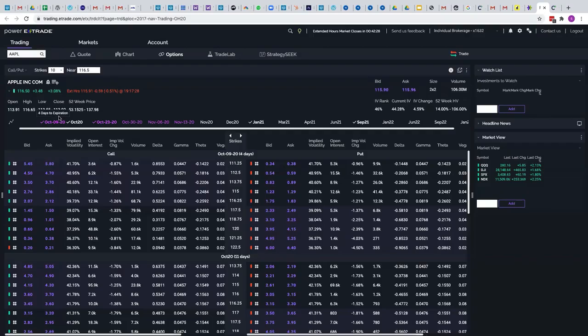The option price will be at $1.50 on a Friday afternoon. The reason is all the extrinsic value is eroded. That means you will only have intrinsic value. If the price is greater than the strike price that you considered, we call it in the money. If the strike price is equivalent to the stock price, that is at $115, the option value will be zero.